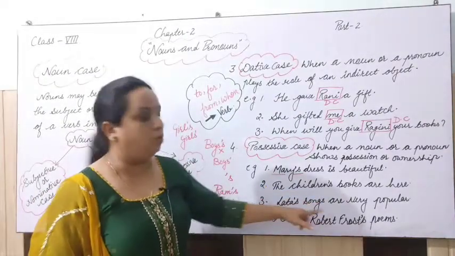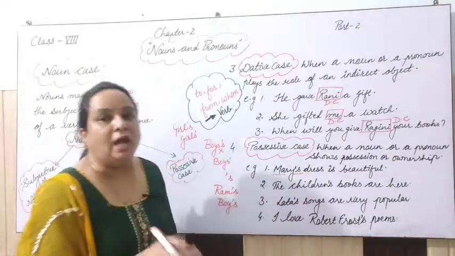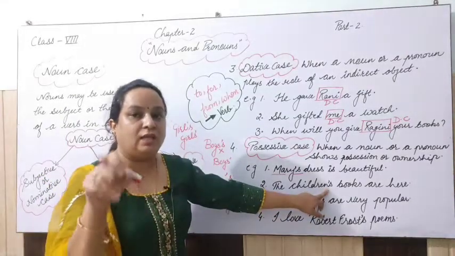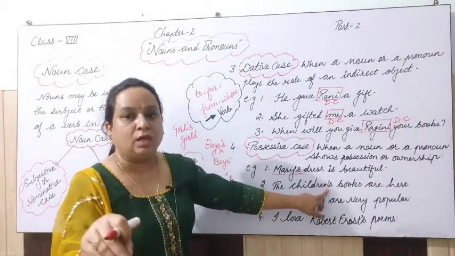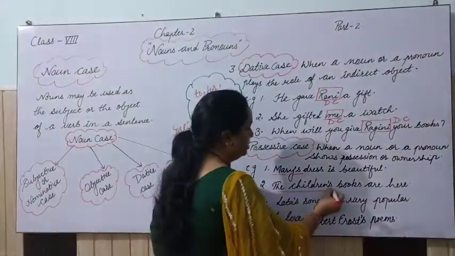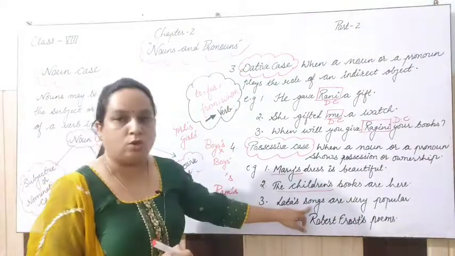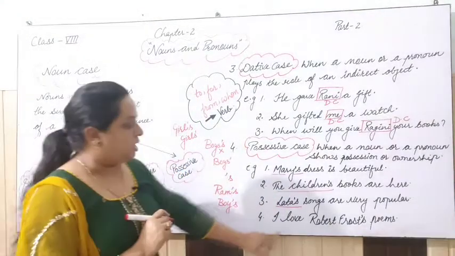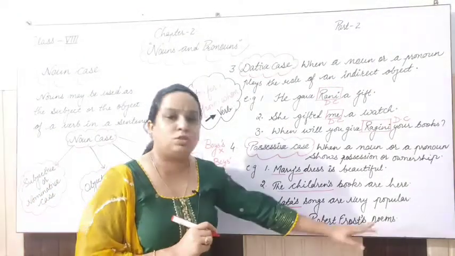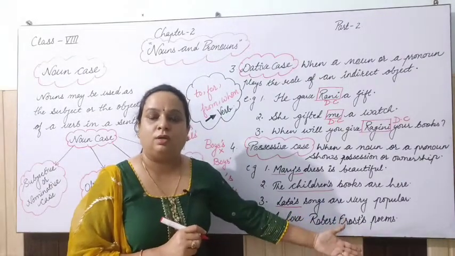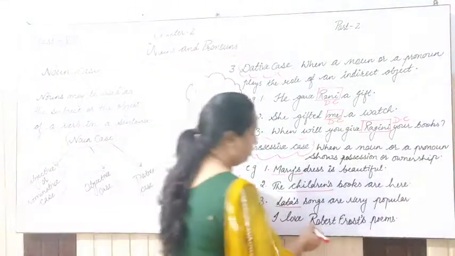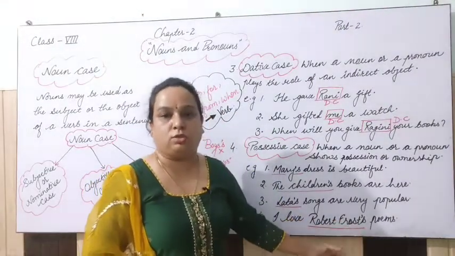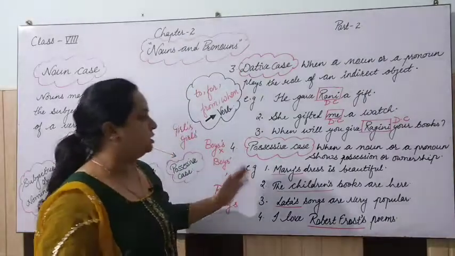Children is plural and the spelling does not end with S. That's why we use the apostrophe and then S. So the children's books. Lata's songs. Whose song? Lata's song. Next one, I love Robert Frost's poem. Whose poem do I love? Robert Frost's poem. So this is showing ownership here, Robert Frost's, right? So this is all about possessive case.